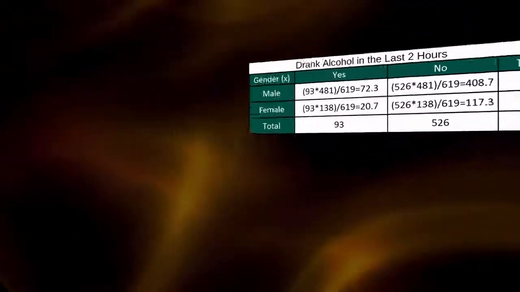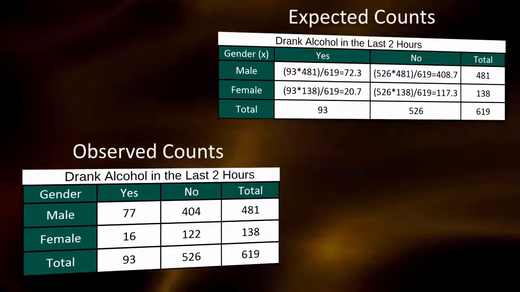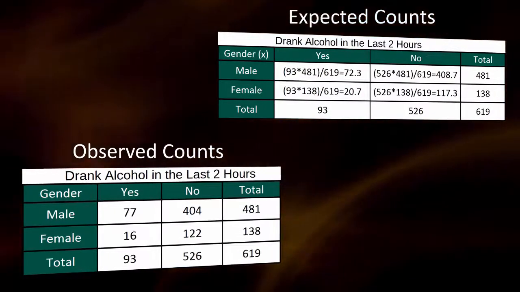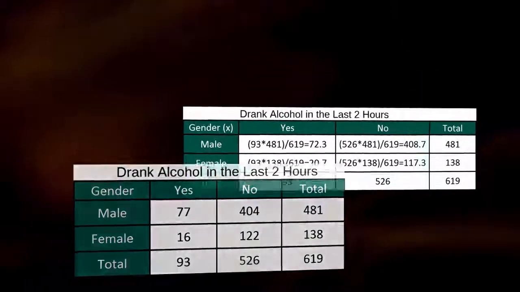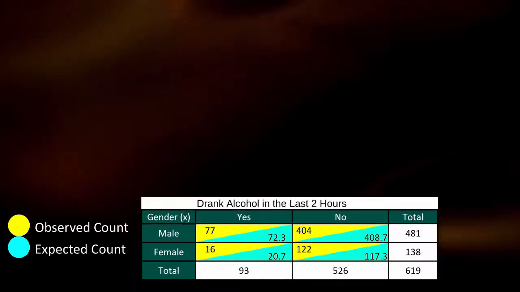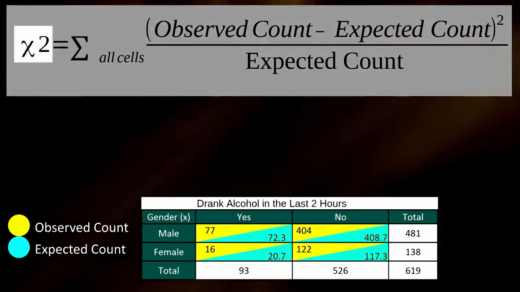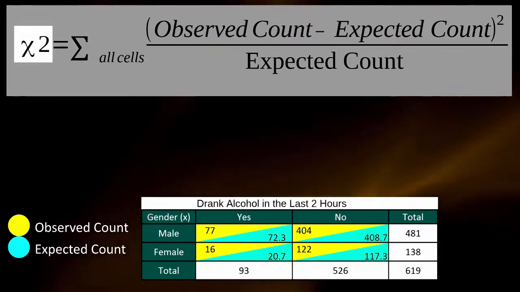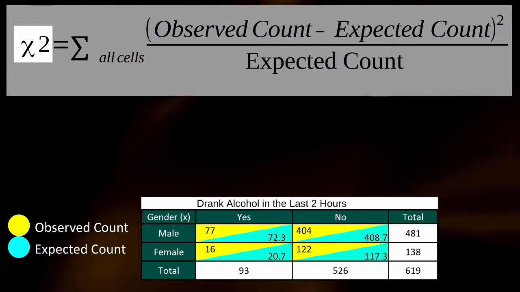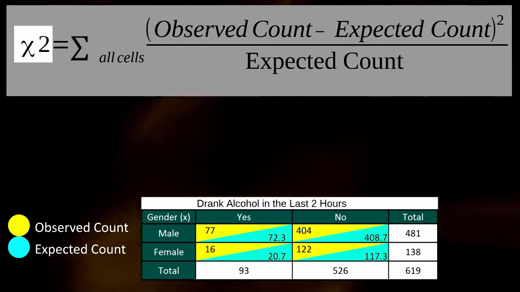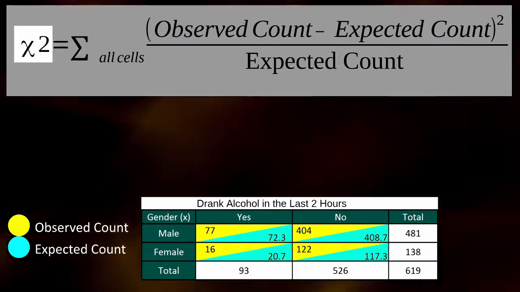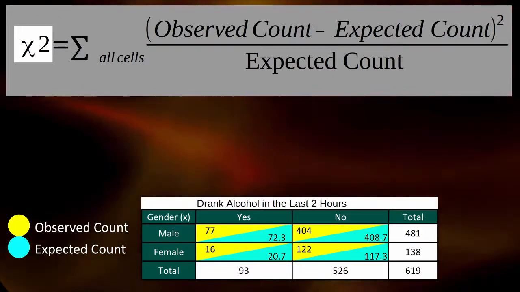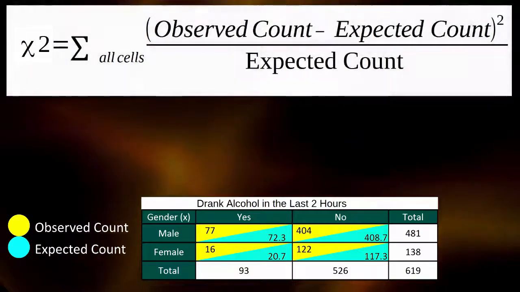Following this formula, here are the complete tables of expected and observed counts. Importantly, the single number that summarizes the overall difference between observed and expected counts is the chi-square statistic, denoted as chi, or x squared, which tells us in a standardized way how far what we observe, that is the data, is from what we would expect to observe if the null hypothesis were true.